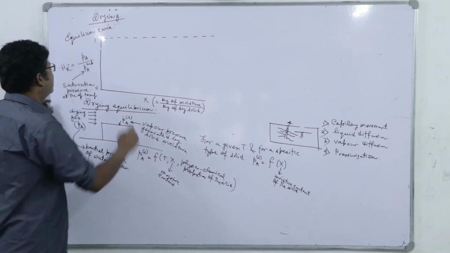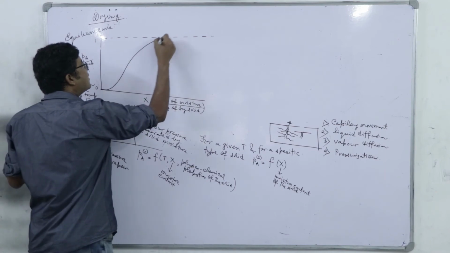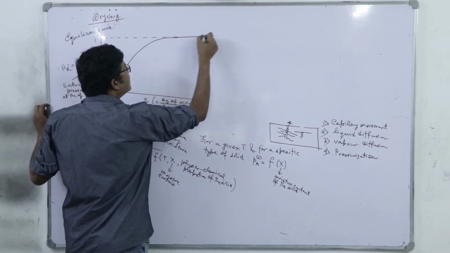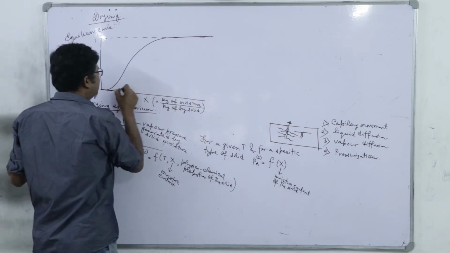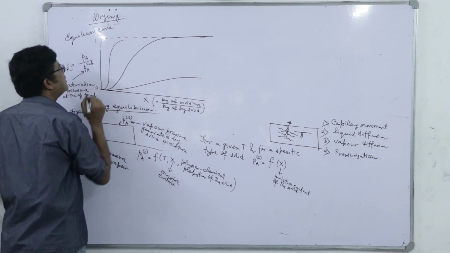Now, you see the nature of the curve is somewhat like this. It may be like this and it may be like this as well.